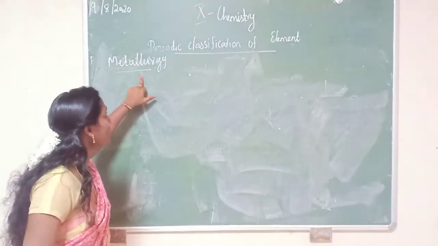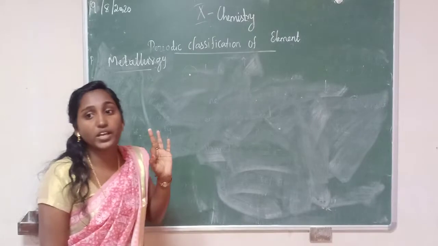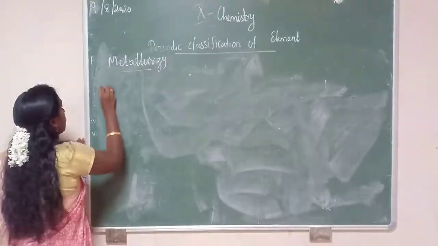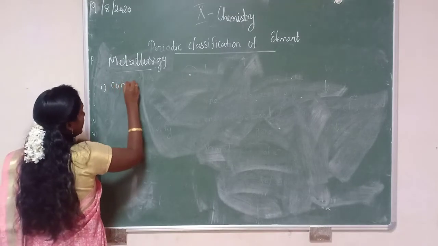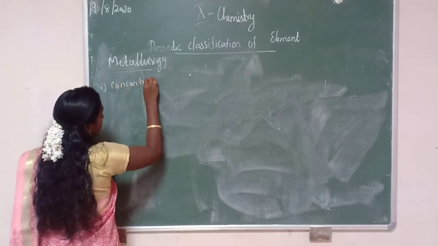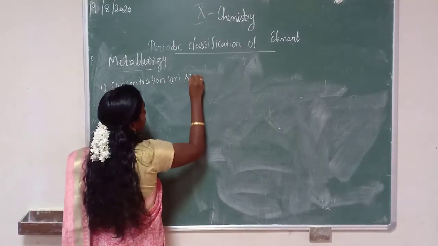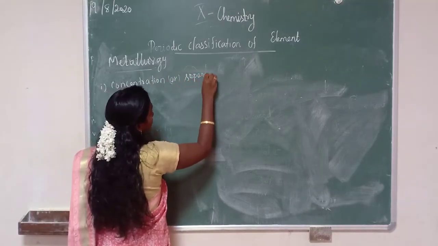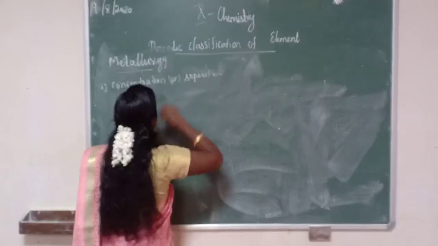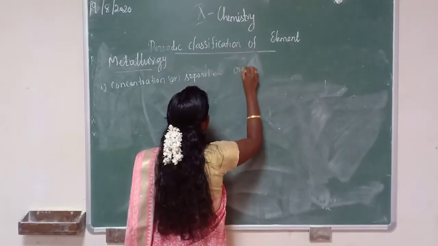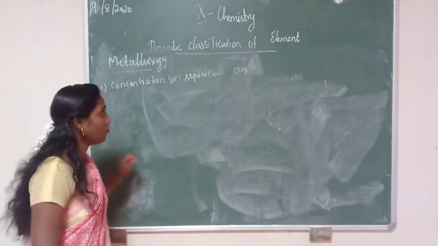This metallurgical process involves 3 steps. What are the steps? First one is concentration or separation of ores.